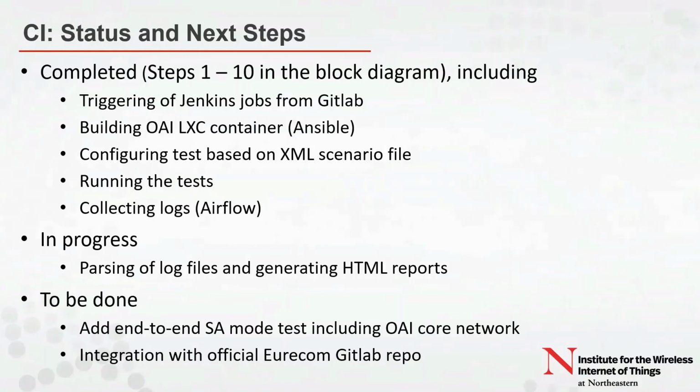What we have in progress right now is parsing of the log files and generating HTML reports based on the details in the log files. So far, we have tested the CI in no S1 mode, and the next steps include addition of end-to-end standalone mode, including the OAI core network, and then driving this into production with Eurecom's help.